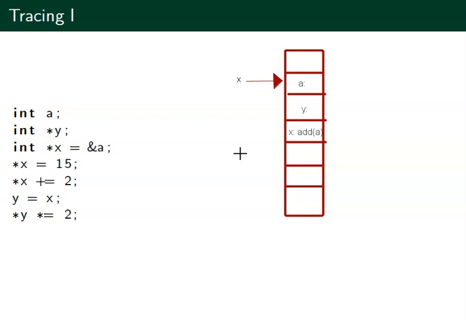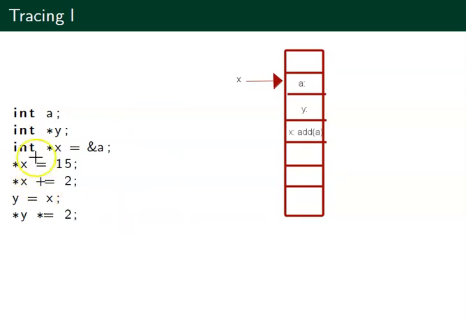For example, let's assume I have int b equals 19, and then I say b is equal to asterisk x. So in this case, instead of writing into it, I will read it. It's on the right hand side of the equal. So I will access it, get the value that the x is pointing to, and assign this value to b.